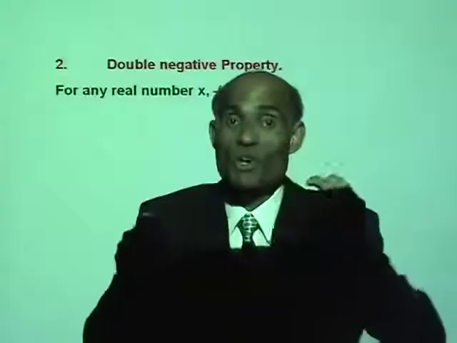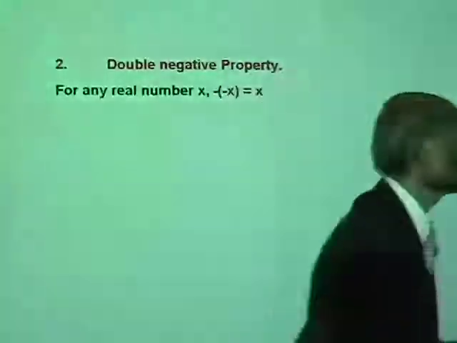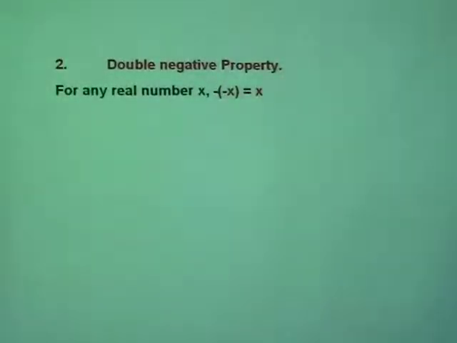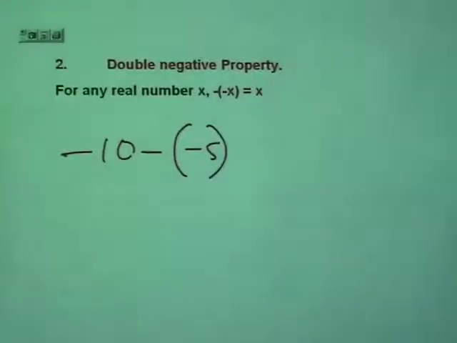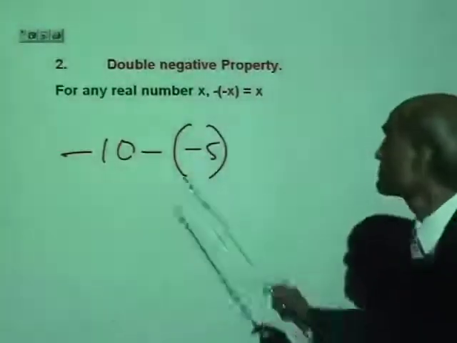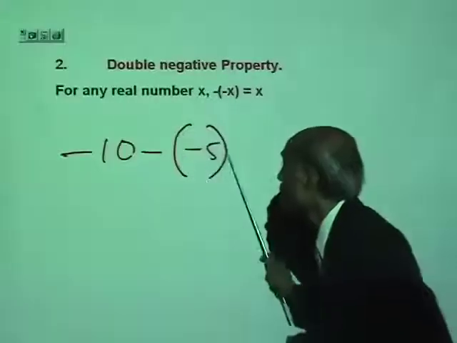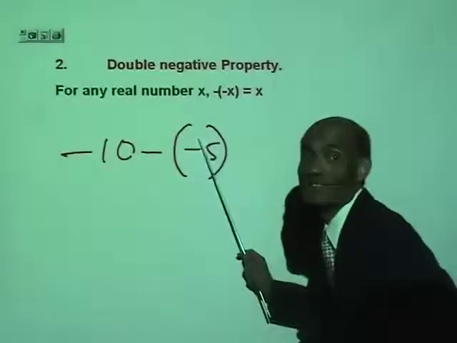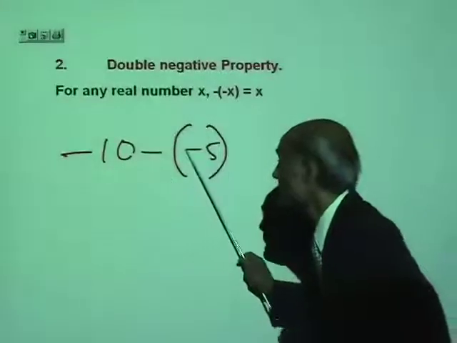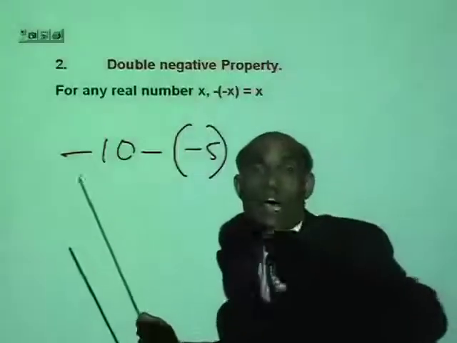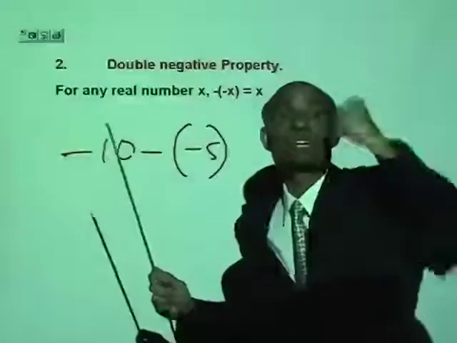Is that right? So the negative 10 you had initially, the money you had was negative 10. And what you did, you subtracted your debt. You subtracted $5 of that debt. Now, when you subtract a debt, your asset is actually increasing.